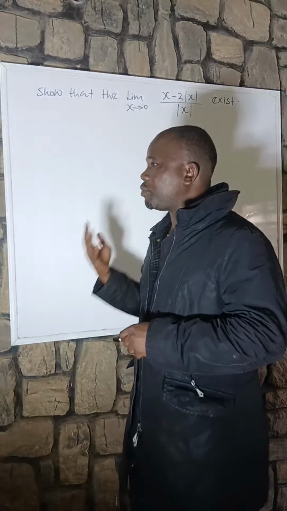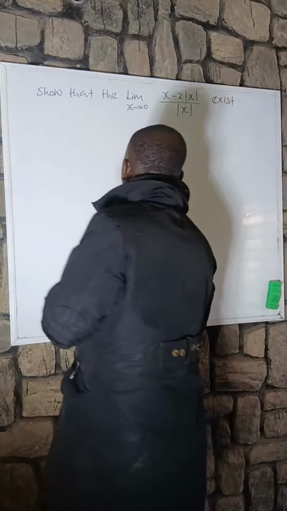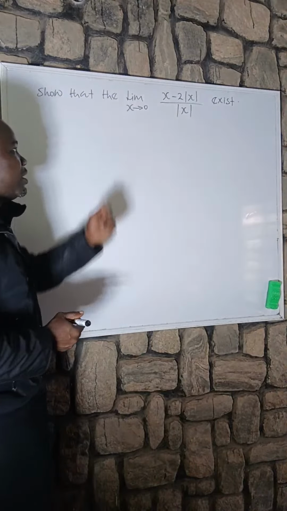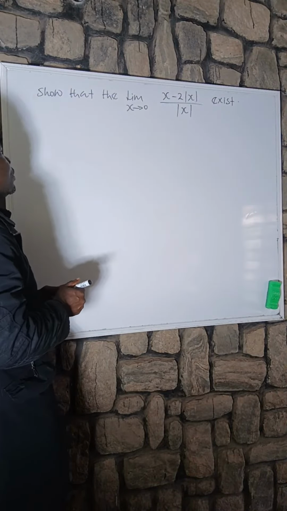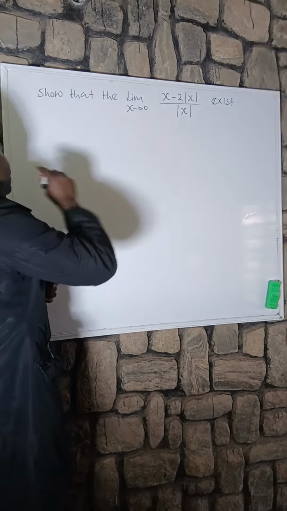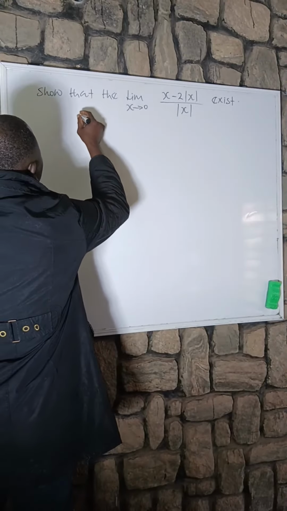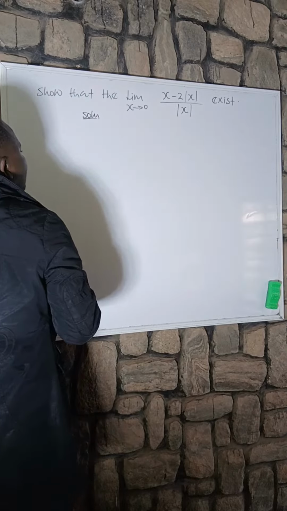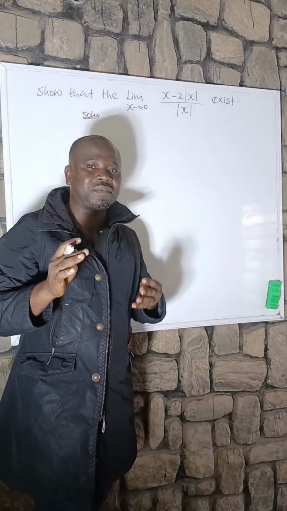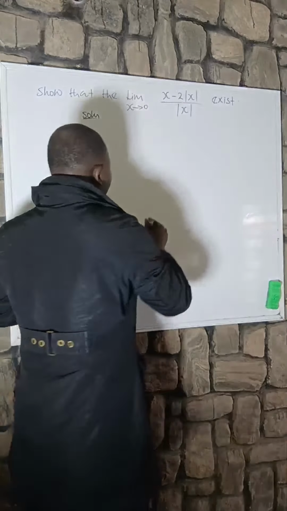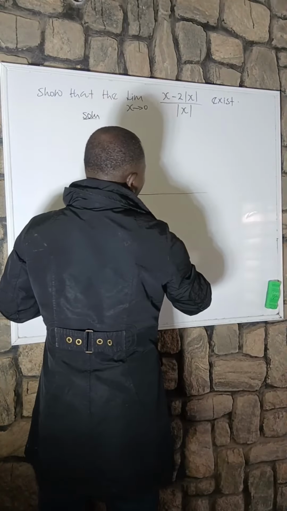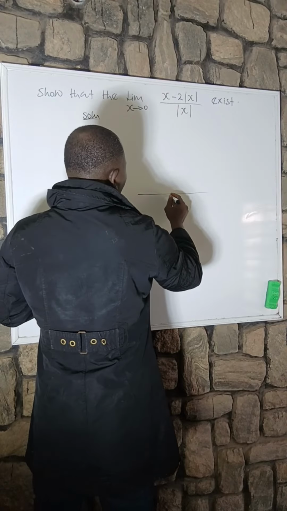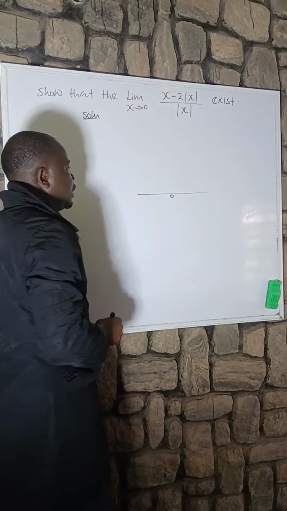So let's proceed further to show whether this limit exists or not. Since we are talking about the left and the right hand side, in the number line, we assume here to be what? 0, right?